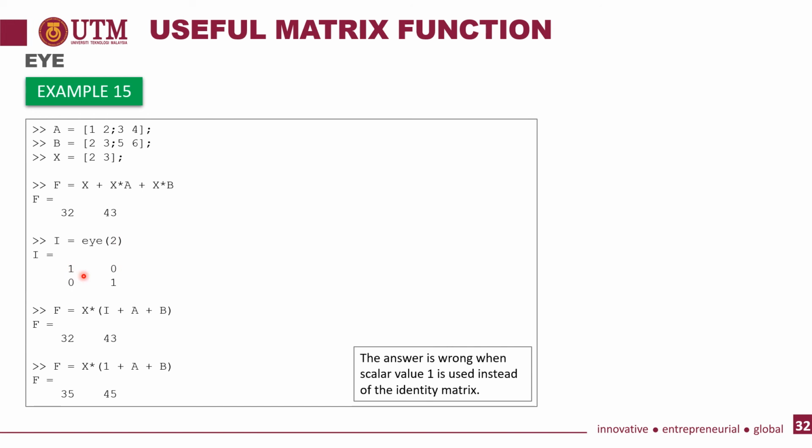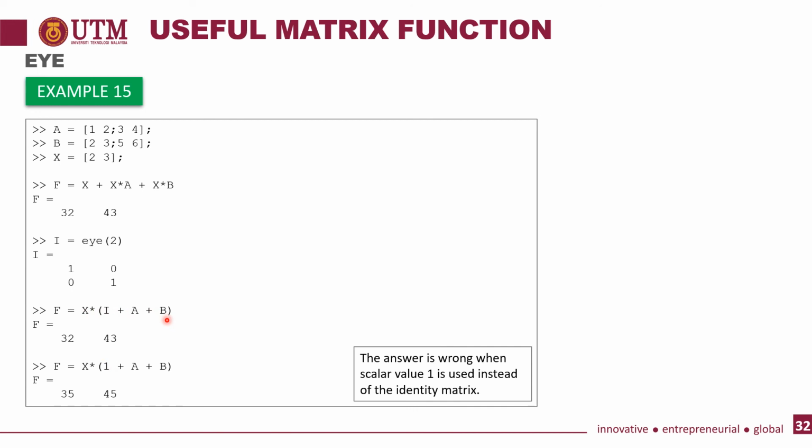So next is the example of putting the correct value for the matrix. The next one is x multiplied by I, which means we put the identity matrix here. The second option is x multiplied by the number 1. You cannot put the number 1 here because this is a matrix operation, not a single number operation.